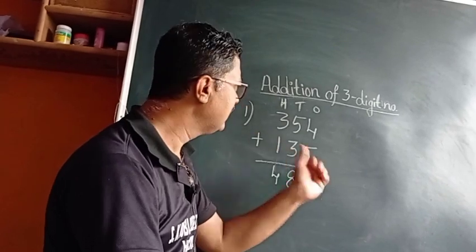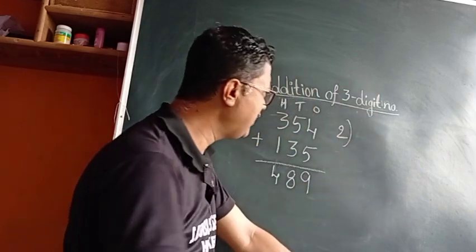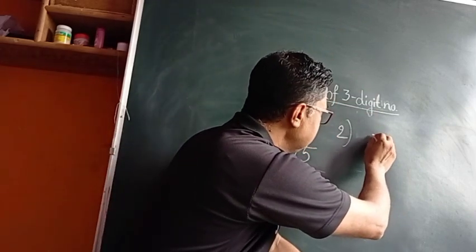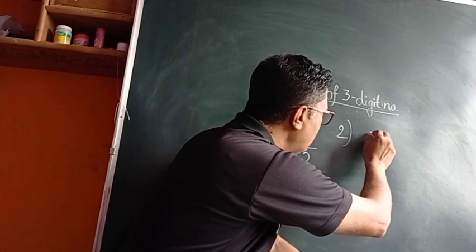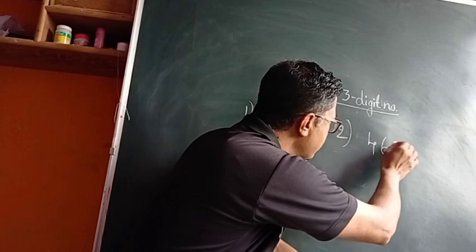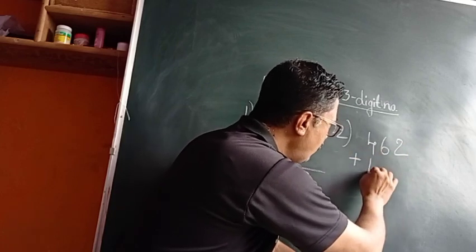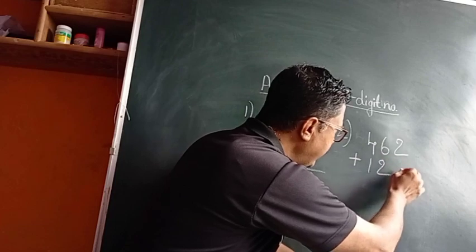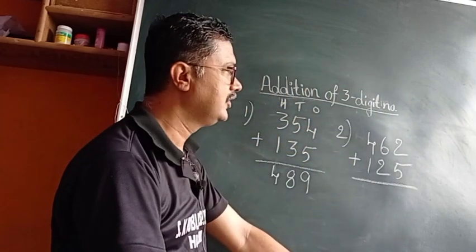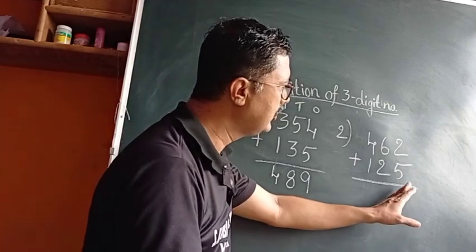Okay, children. Now let us start with another example. For example, 462 plus 125. Same as it is here also.